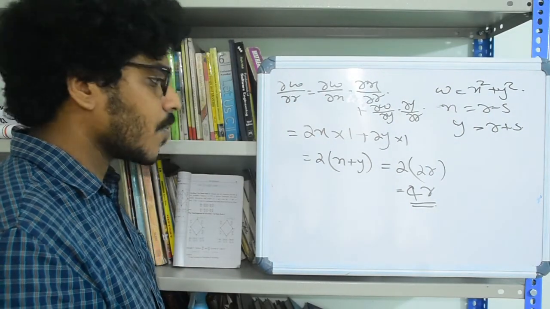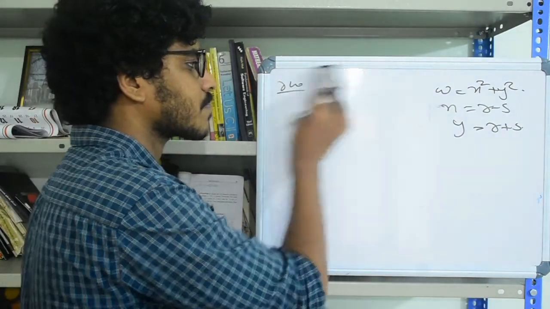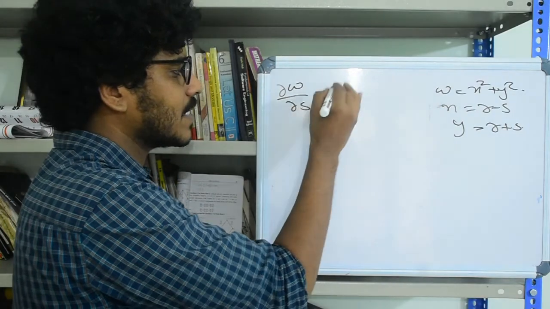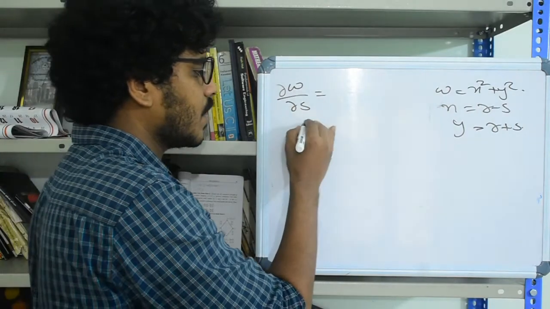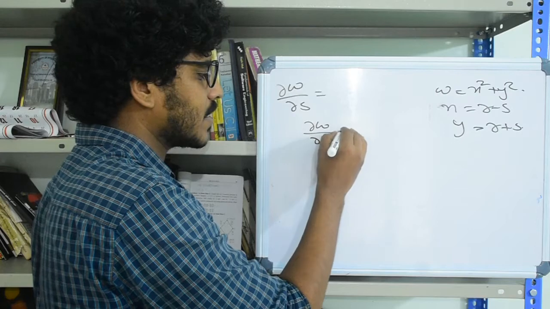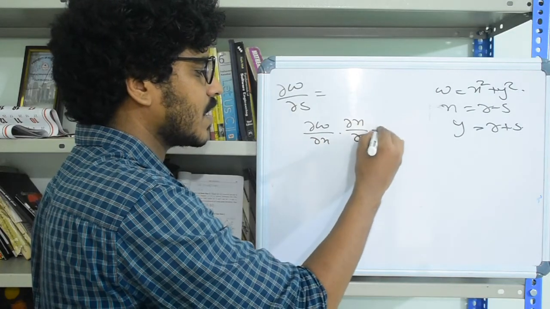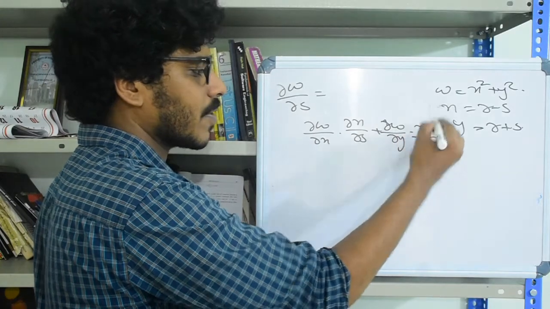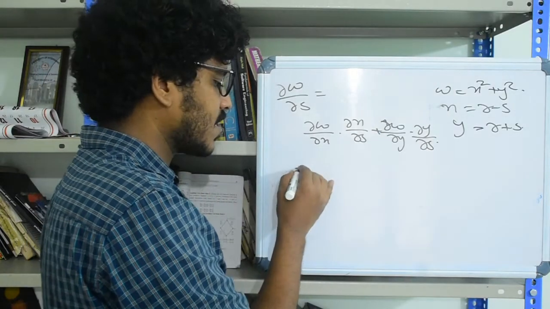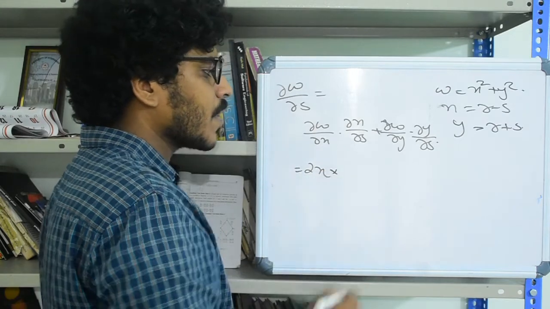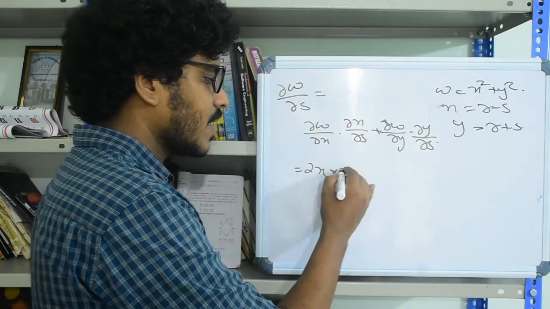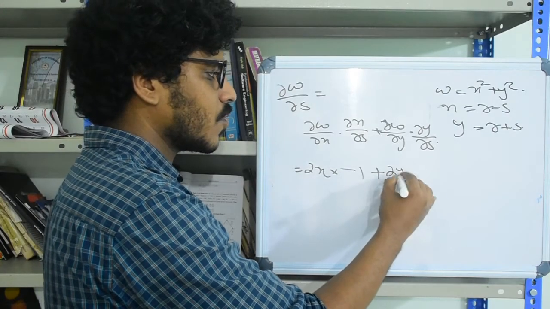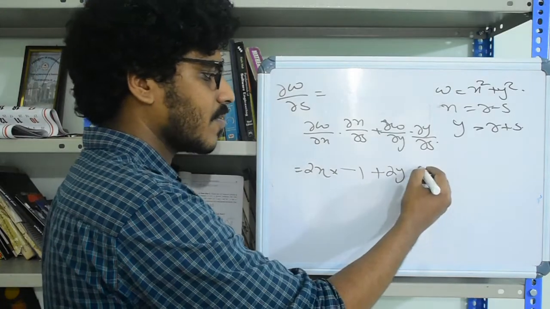And what about dou w by dou s? Dou w by dou s is given as dou w by dou x into dou x by dou s plus dou w by dou y into dou y by dou s. So what is dou w by dou x? We have seen 2x into dou x by dou s, which is negative 1, plus dou w by dou y, which is 2y, into dou y by dou s, which is 1.